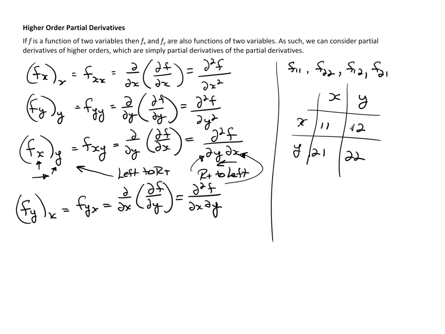X then y, that's 1, 2, that's x then y. Y then x, that's 2, 1, so that's y then x. And y then y is 2, 2, so that's y then y. So I do find that personally that notation kind of confusing, and I'm quite certain you will never see me actually use it, but you could see it someplace. So it wouldn't hurt if you knew what that meant.